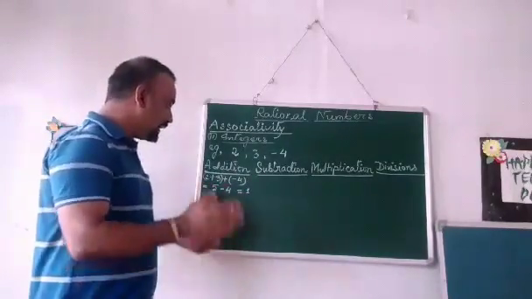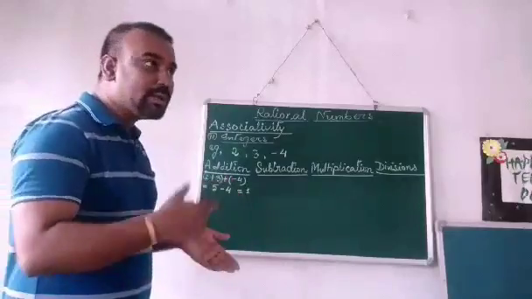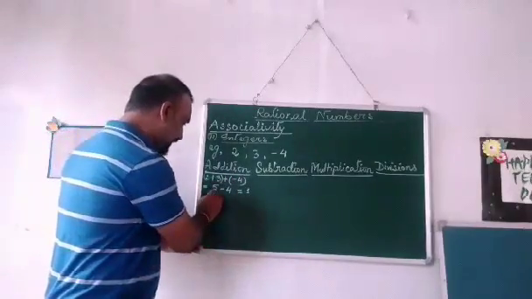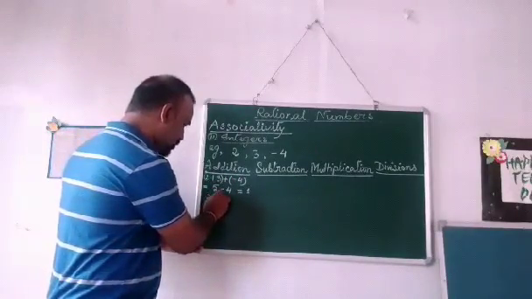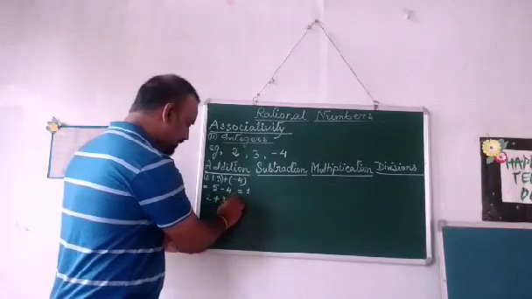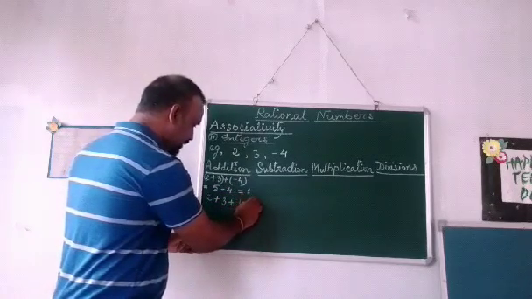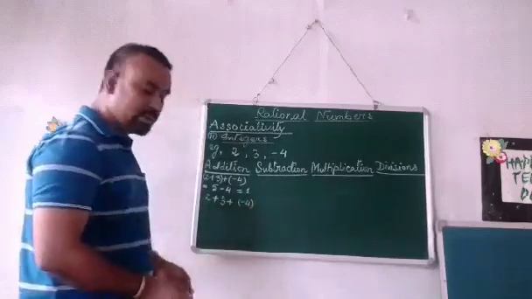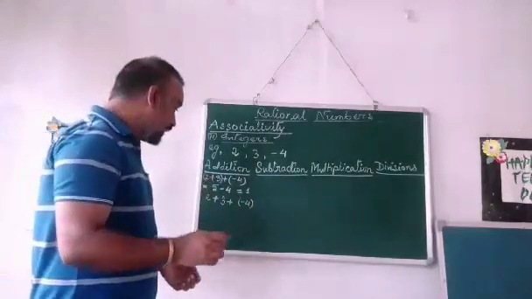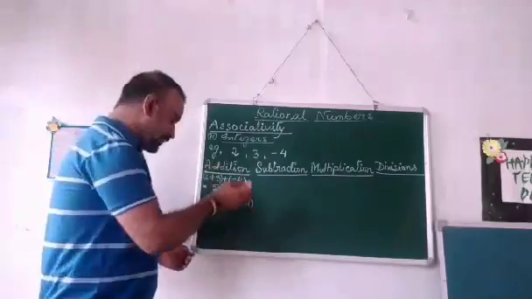Okay. Now let us try the association in a different way. Writing the same examples again. 2 plus 3 plus minus 4. Now this time let us associate 3 and 4.